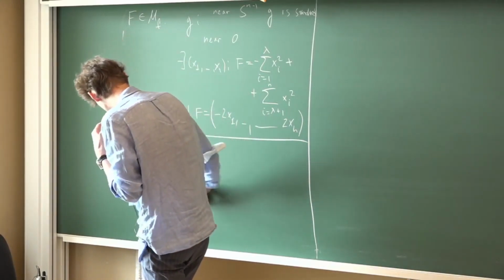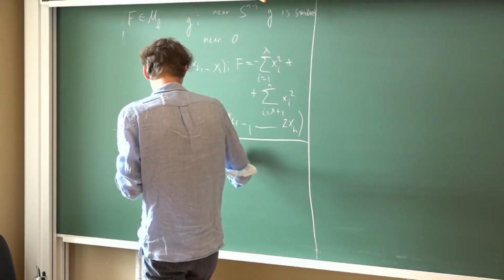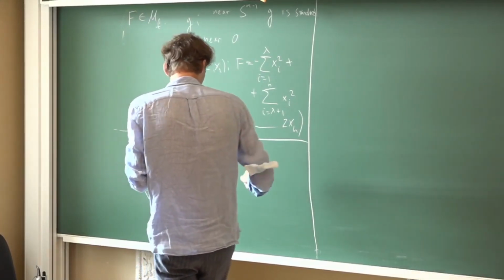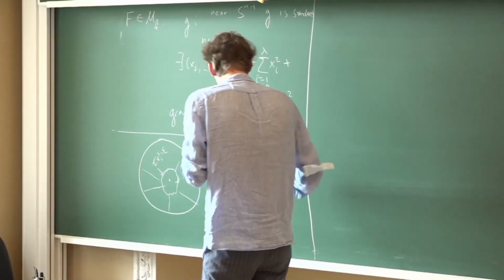So you get an isotopy from the product of the sphere with the interval to the unit ball.